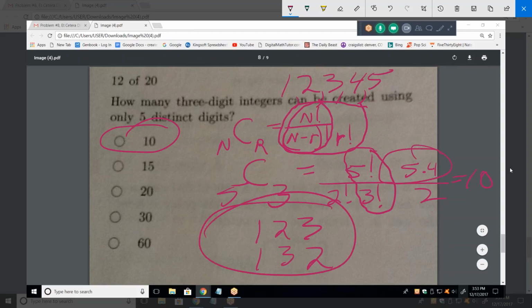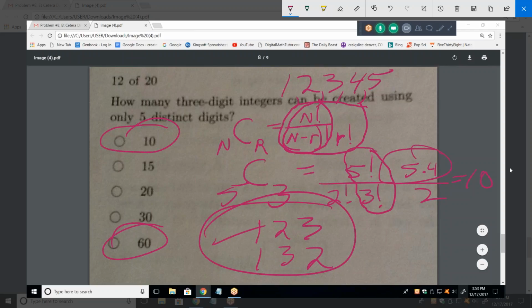So if order matters, this would be 5 factorial over 2 factorial, which would be 5 times 4 times 3, which would be 60. And there would be more than fewer. With permutations, there's always more than with combinations, because one combination counts as 2 permutations.